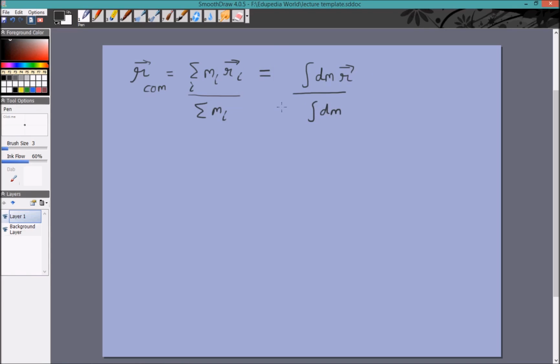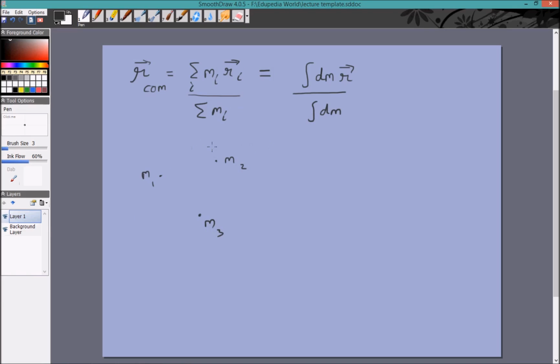So what we need to do right now is, we've seen center of mass, but let's start with the simplest case. We have three particles, m1, m2 and m3, with position vectors r1, r2 and r3. They have velocity vectors v1, v2 and v3 and acceleration vectors a1, a2 and a3.